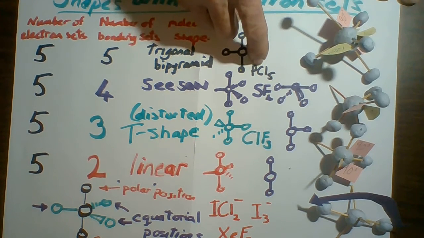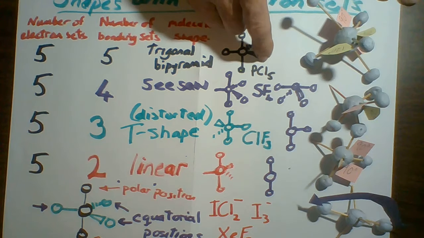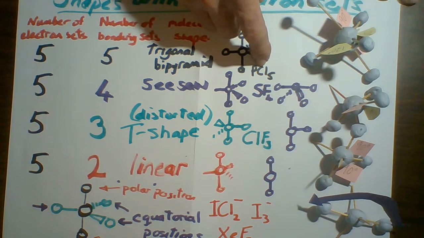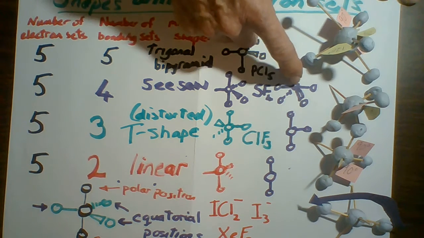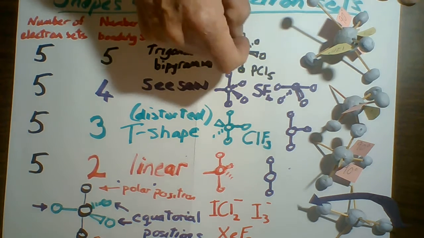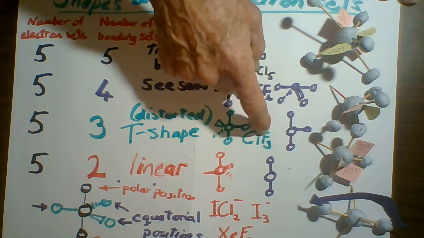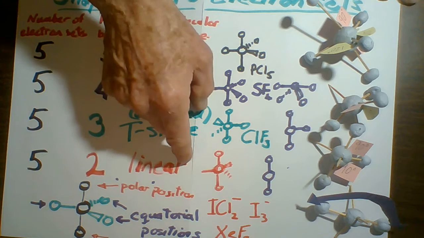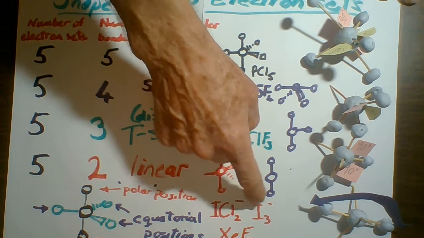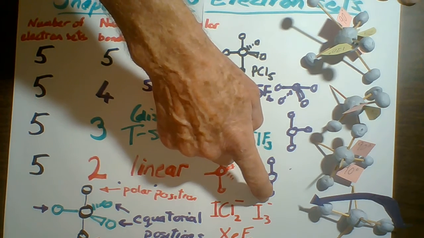Examples here: for the trigonal bipyramid shape, PCl5, one of our favorite chlorinating agents from the organic topic; SF4 with S in the middle and 4 fluorine atoms; ClF3 with chlorine in the middle and 3 fluorine atoms. Linear, we have a number of things. I3 minus is surprisingly quite common.